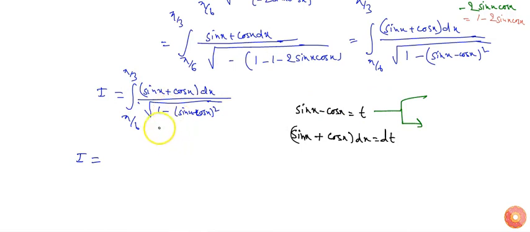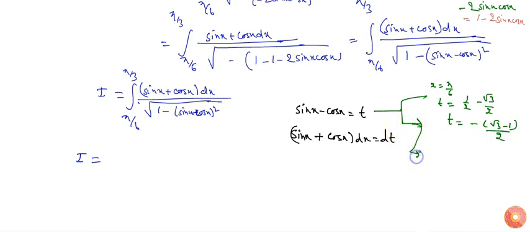If I put x equals pi by 6, t will be sin pi by 6, which is 1 by 2, minus cos pi by 6, which is root 3 by 2, or I can say t equals minus of (root 3 minus 1) by 2.